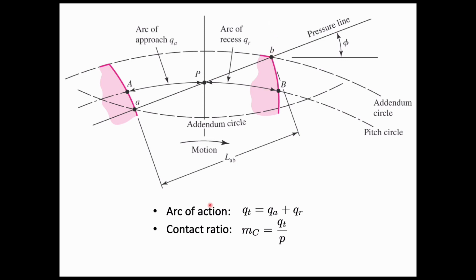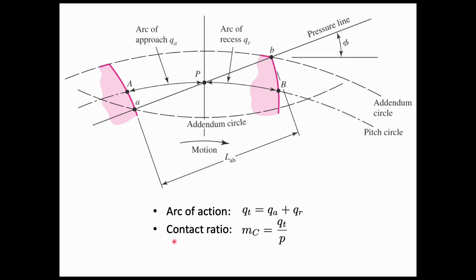The arc of action is defined as the sum of the arc of approach and the arc of recess. If we can determine the arc of action, this is one way of quantifying how much rotation the gear can move through while this one pair of teeth is still in contact.